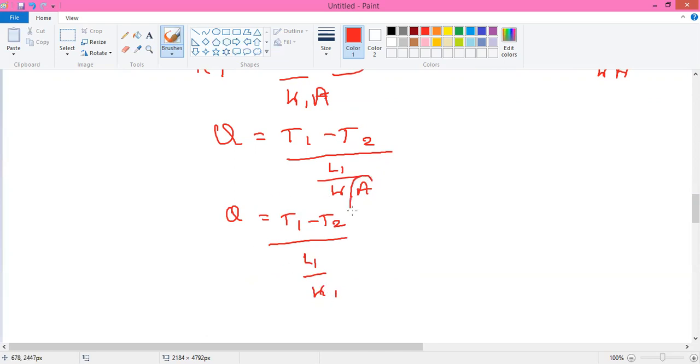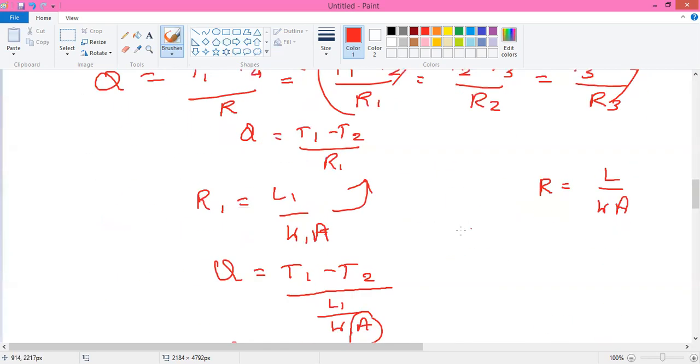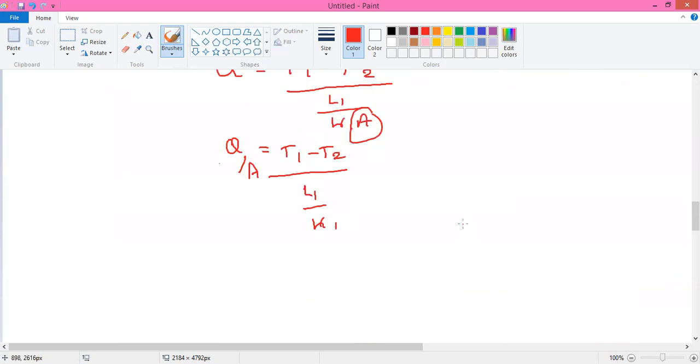We already found the heat transfer per unit area, so we put that value into this equation. Q by A is 1515.24.